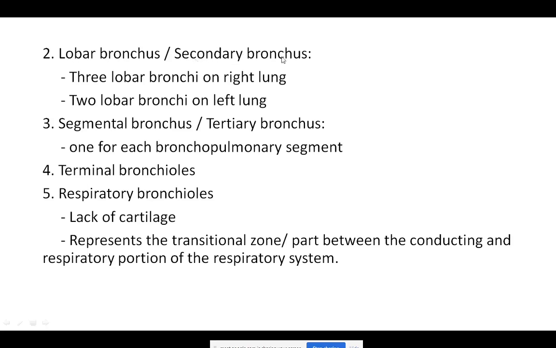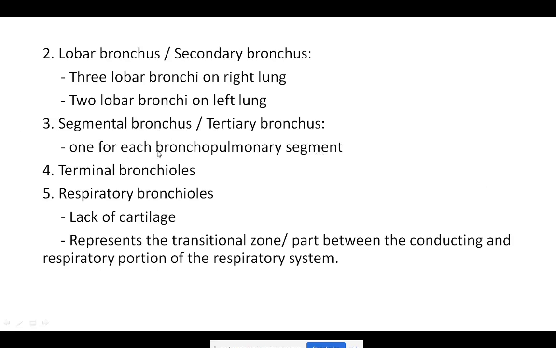For lobar bronchi, there are three lobes in the right lung, so three lobar bronchi will be present. Two lobar bronchi will be present on the left lung because there are only two lobes. The segmental bronchus, also known as the tertiary bronchus, is one for each bronchopulmonary segment.